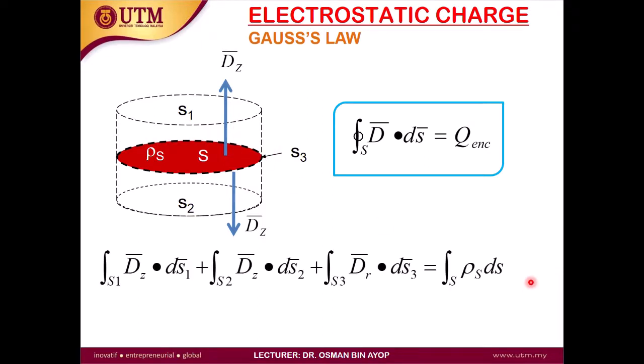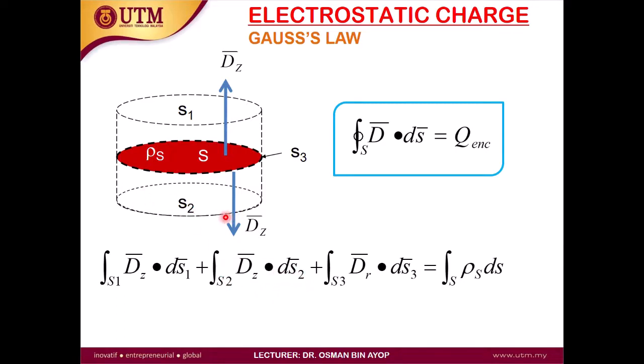So, this is how we make the solution. First, we have the top surface, which is S1. Here we have Dz and dS1, the integration over the top surface. Plus we have the bottom surface, S2, the integration of Dz dot dS2.